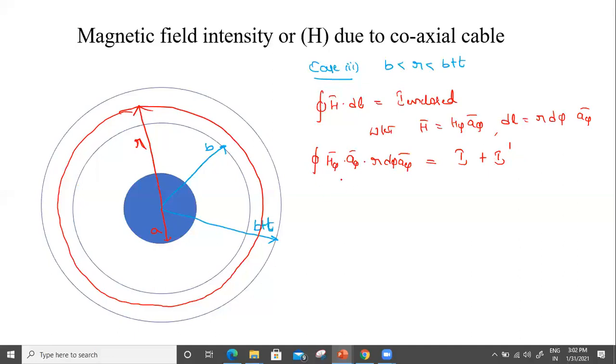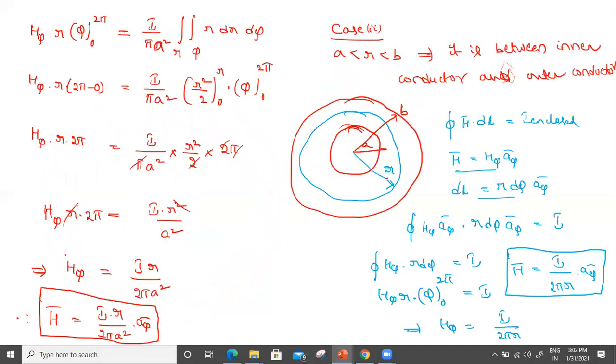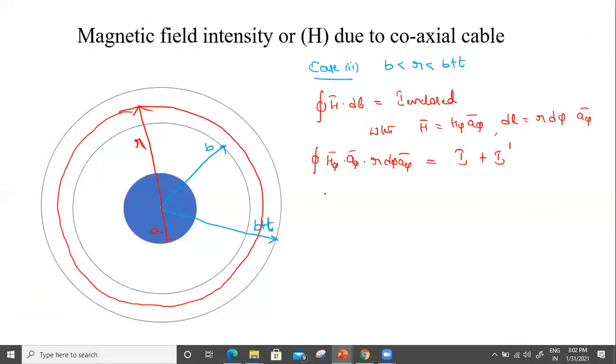Now if you simplify the left side, as I already told you, in the second case and first case the left side will be same. So integral H phi a phi into r d phi equals I, and as I already told you, I dash is the current due to the outer conductor, therefore minus I dash.